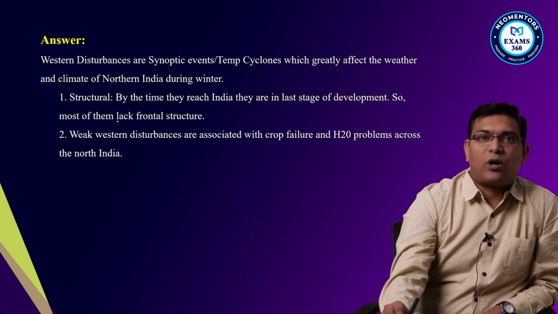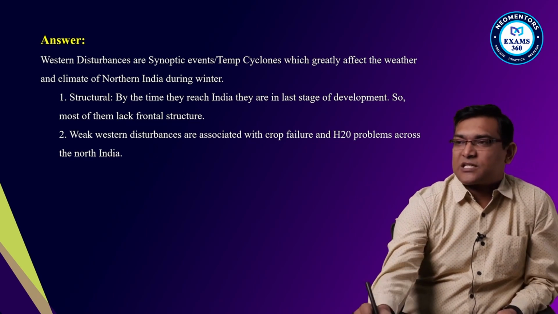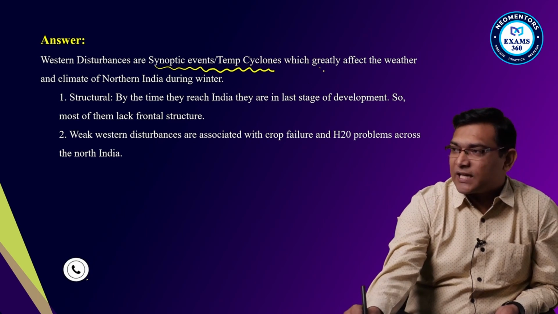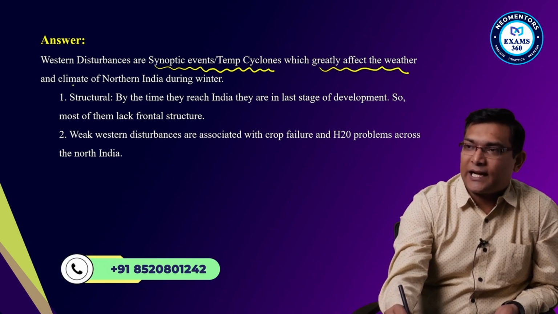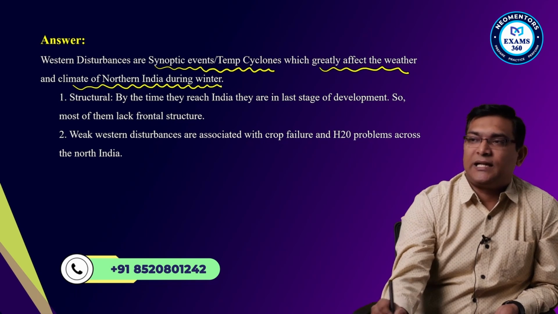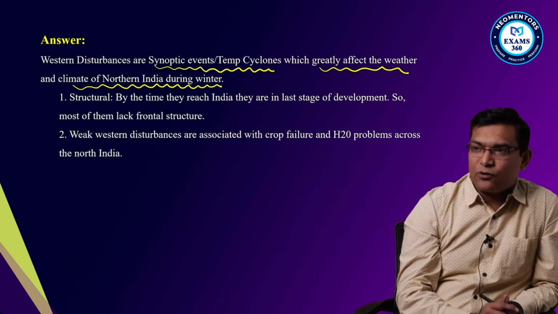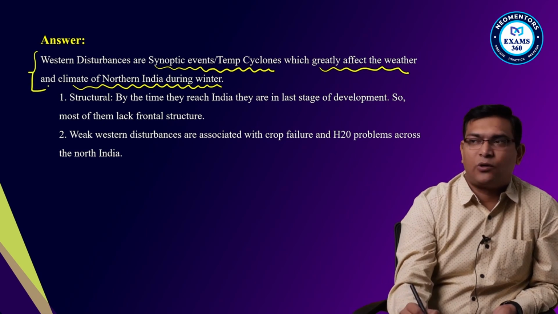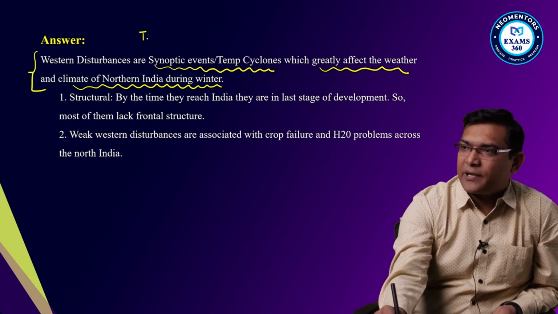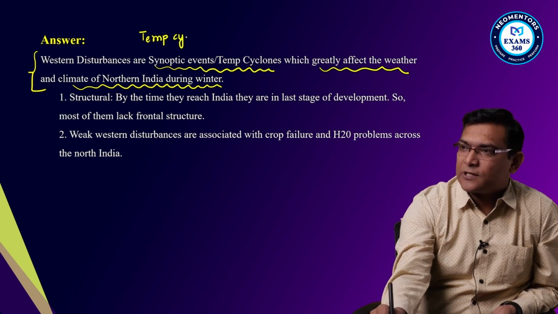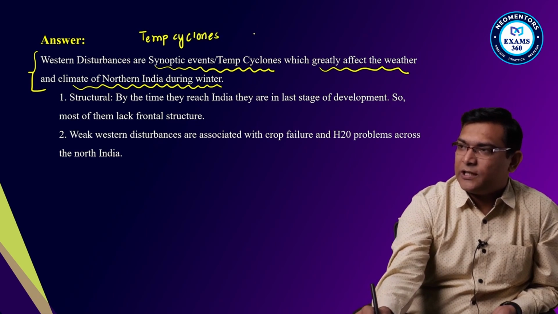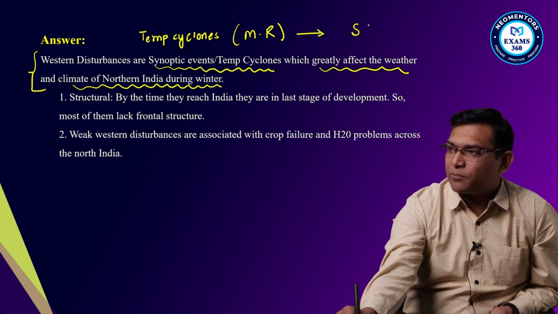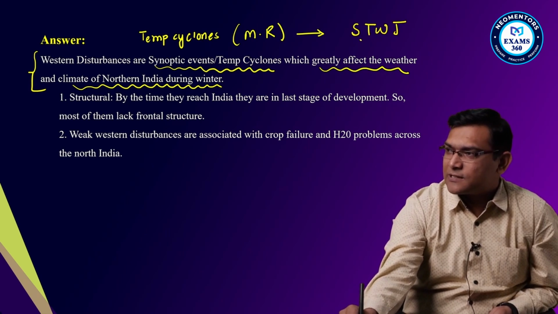So see here, what are western disturbances? Western disturbances are a synoptic event or temperate cyclones which greatly affect the weather and climate of North India during the winter. This is the introduction part. These temperate cyclones, which are formed in the Mediterranean region, are dragged by subtropical westerly jet streams.